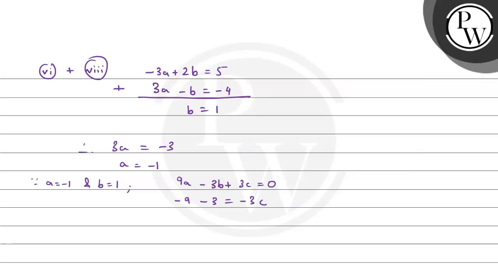That is, we have minus 12 equals minus 3c. c is equal to 4. Now since a plus b plus c plus d is equal to 0, therefore d is equal to minus a minus b minus c, that is equal to 1 minus 1 minus 4. So therefore d is equal to minus 4.